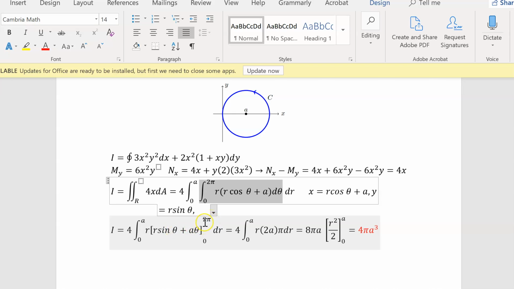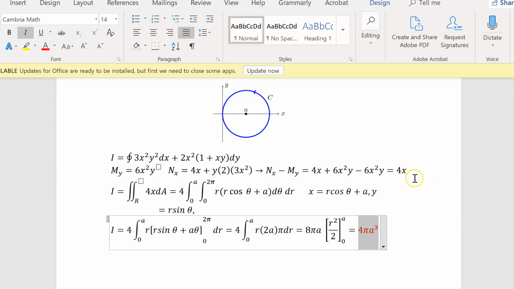When you put the 2 pi here, you get 2a pi times 4, we have 8a pi, and then we have the r. Then we integrate this with respect to r, and we have r squared over 2, and we can take the 8a pi outside. The limits go from 0 to a, because r will go from 0 to a, and then we will end up with 4 pi a cubed.